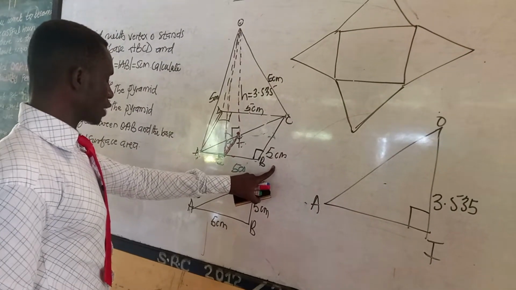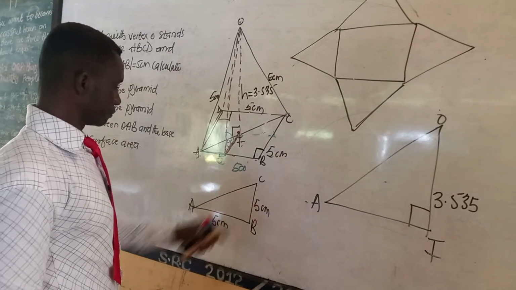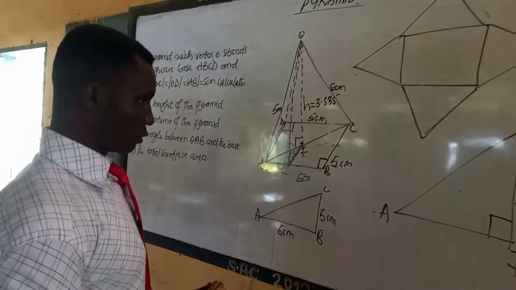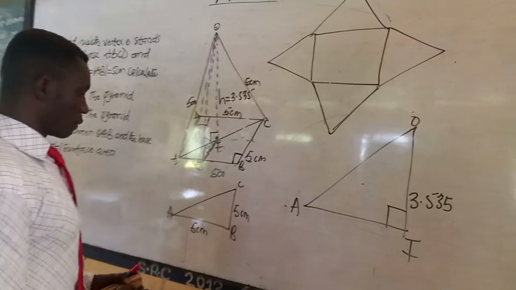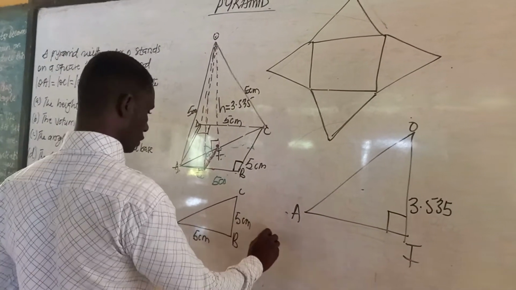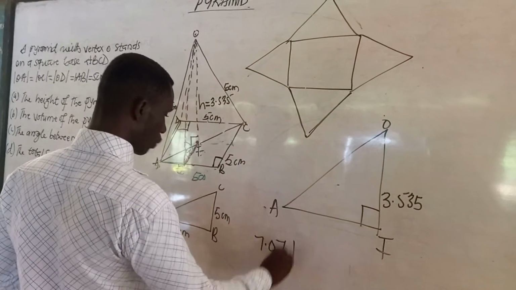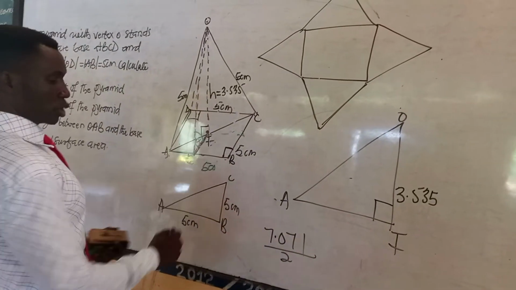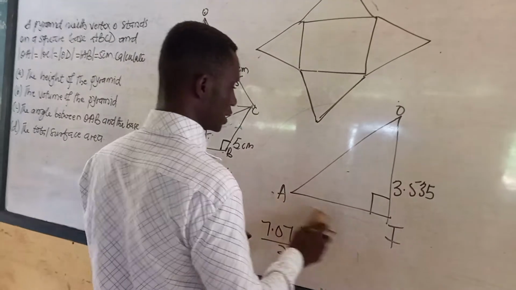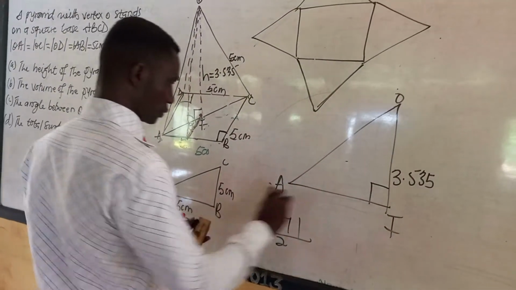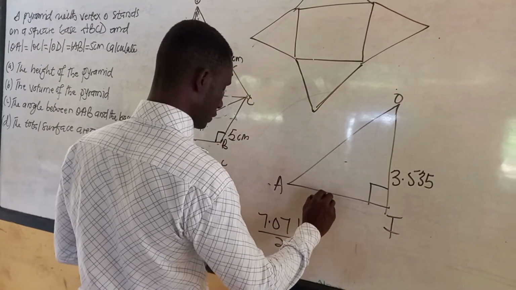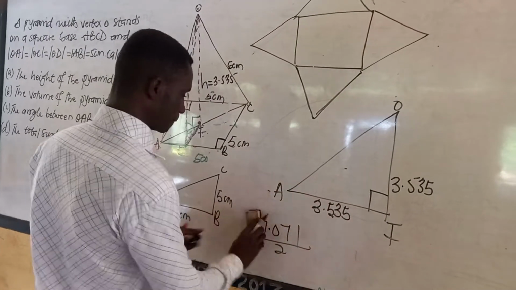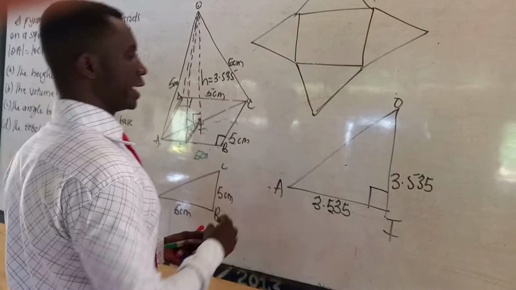Square root of 50 is 7.071. Then divided by 2 gives AF, which is 3.535.